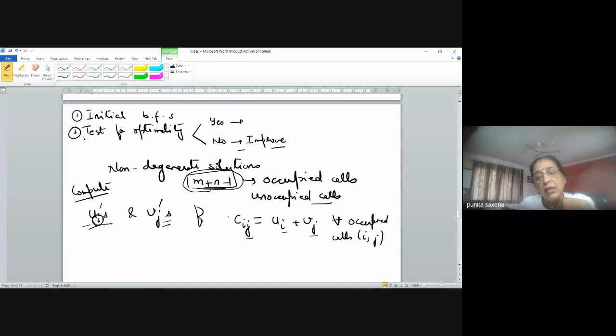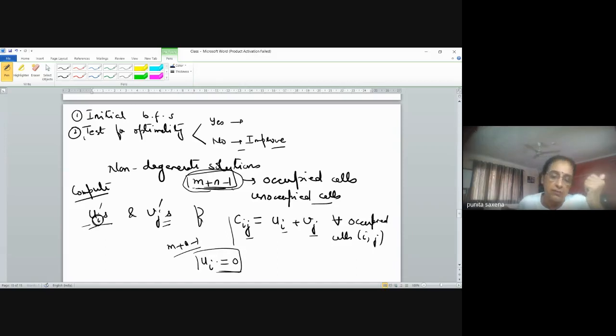So obviously how many equations will come? m plus n minus 1. So one fewer will come, right? So to get the values of Ui's and Vj's, arbitrarily or randomly, we put any one Ui equal to 0, and the values of all the others will come.